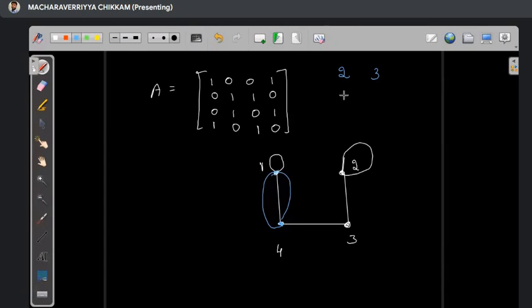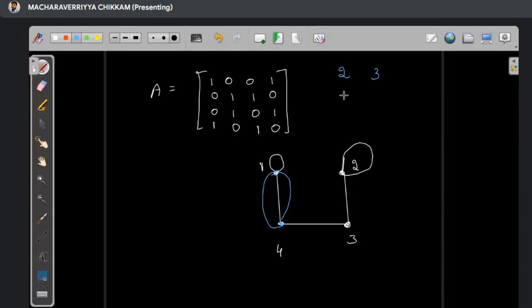You understand? So between any two vertices, how many number of edges you have, that number we will keep it in the matrix. If you have a simple graph with loops or without loops, if you have with loops, the diagonal entries may be filled with entries 1, otherwise the diagonal entries are 0.